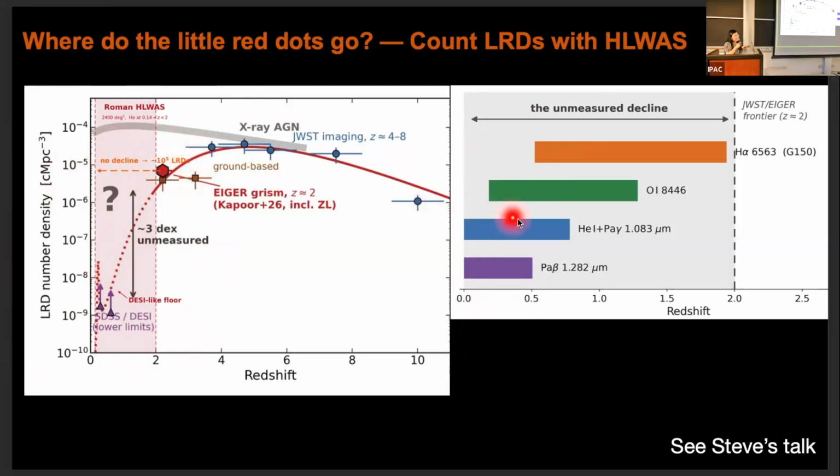If the LRD has a number density that is similar to the redshift around 2 number density that has been reported by EIGER, then we would expect a few 100,000 LRDs to be detected in the High Latitude Wide Area Survey. But instead, if the LRD is directly tied to the floor that is constrained by the local surveys such as SDSS and DESI, then we will only be able to detect a few hundred. So in either direction, this big difference would be decisive.